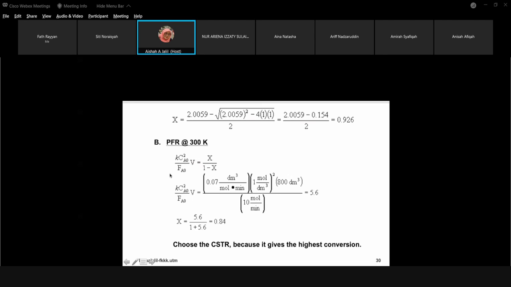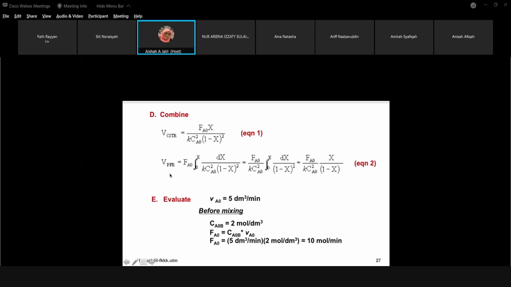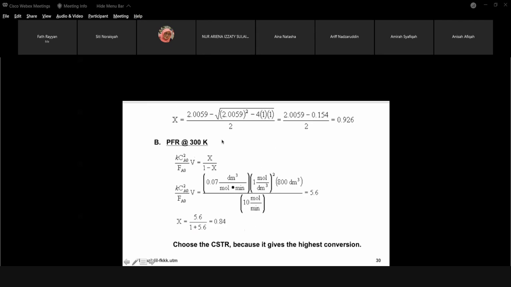Then they do the same for the PFR. From this one, you see the PFR equation equals this one, so you group the X on the left-hand side or right-hand side, and you can calculate this one.